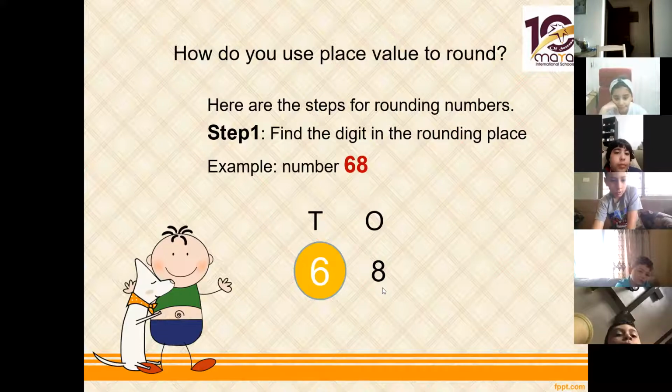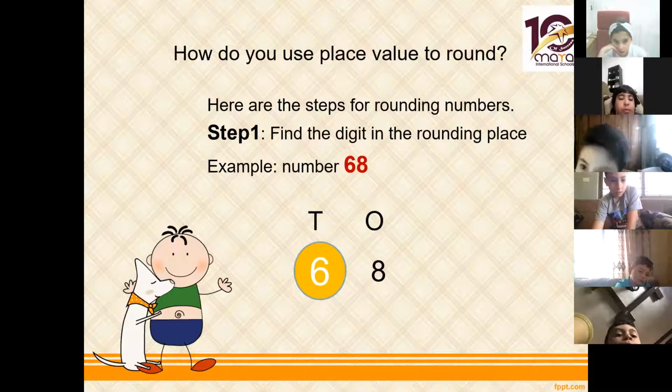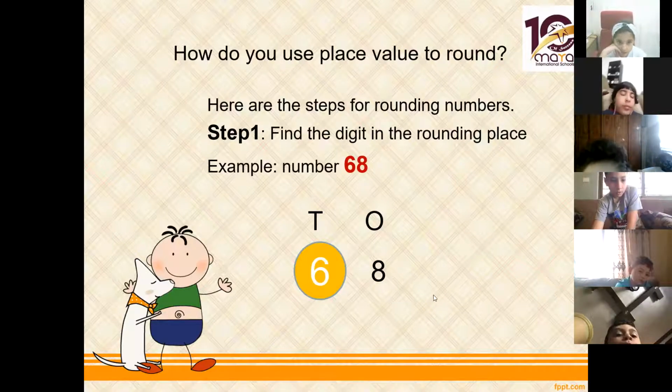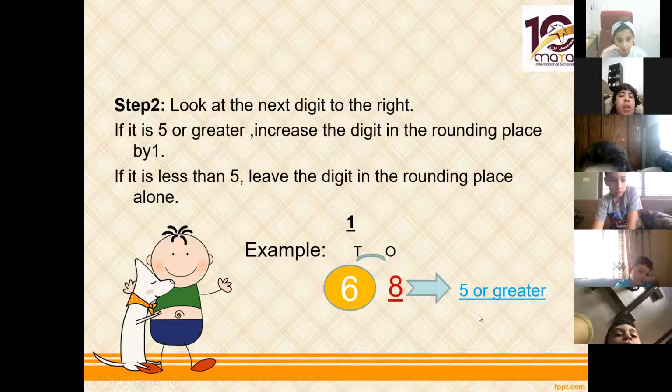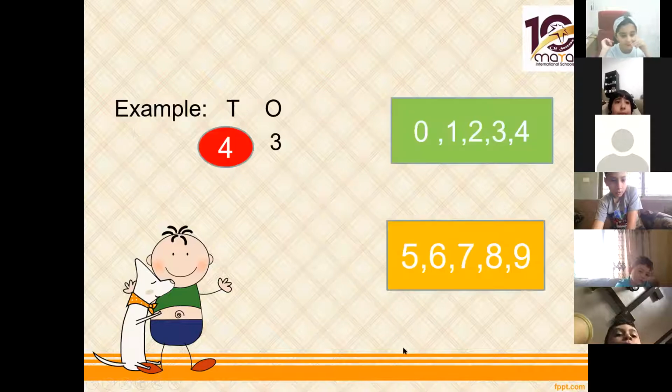We check whether the ones is 5 or more. If the ones is 5 or more, you choose the bigger 10. If the ones is less than 5, then you choose the smaller 10. In this case, we have 60 and 70. We checked 8. 8 is more than 5, so that's why we chose 70. Here, 8 is 5 or greater, and then we chose the number 70.